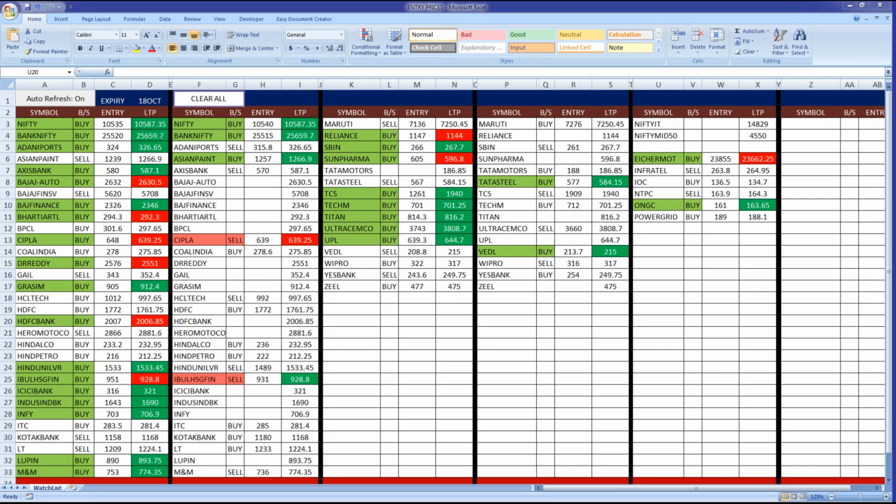See, you can just see Cipla, we have entered at 639. That is our entry. It is at 639.20, 639. So the call has got triggered now. Your target for Cipla will be around 635. India Bulls, you can see that we entered into a short call at 931.